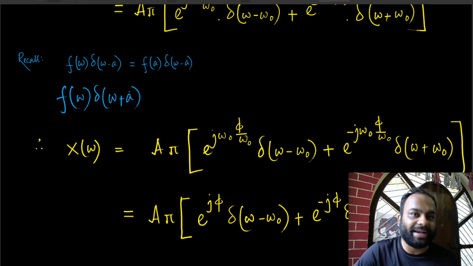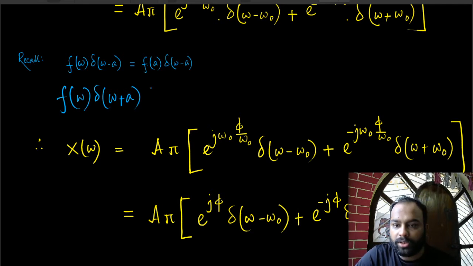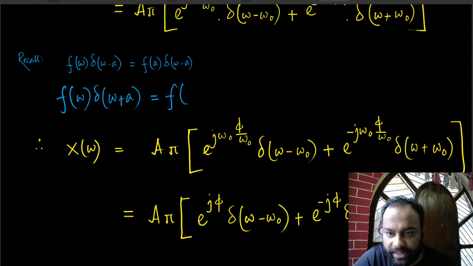Plus A is just minus of minus A. So with this property, just consider this to be minus of minus A, so I have minus A here and delta whatever remains.